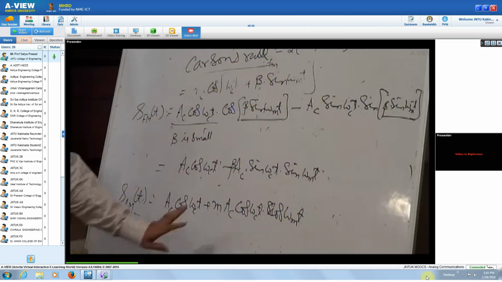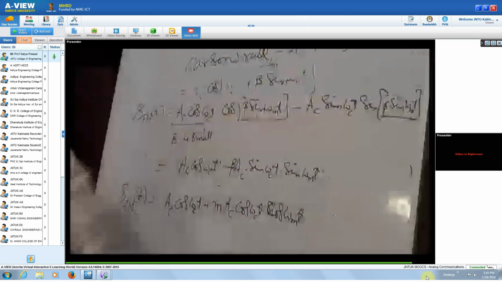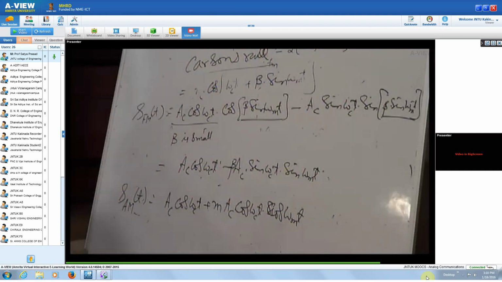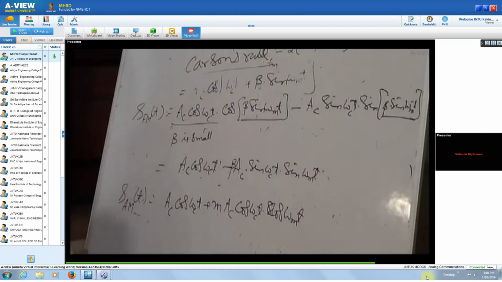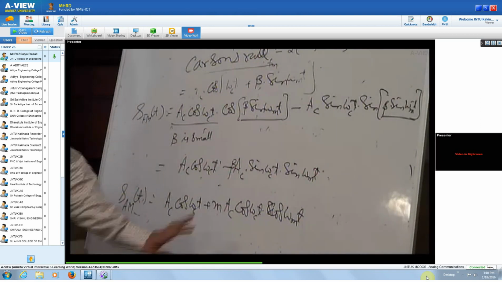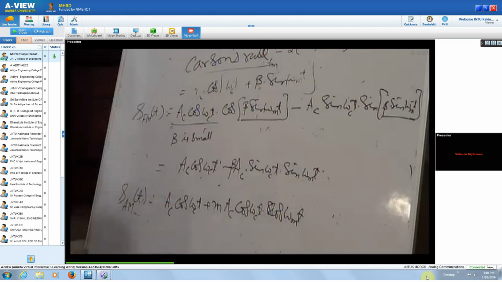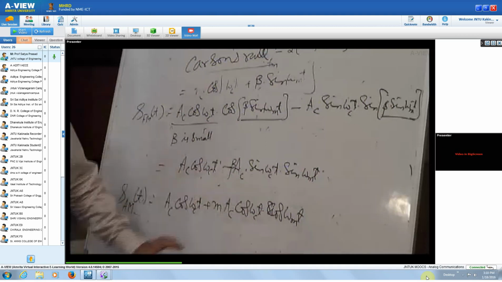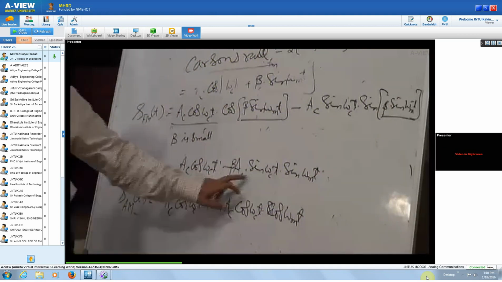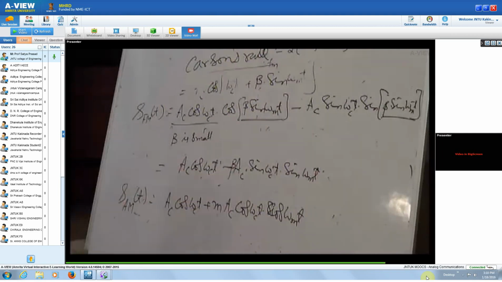One thing is magnitudes may be positive or negative, but when you take the magnitude spectrum, this and this will be the same. So we are having 2 Fm as the bandwidth here. Similarly, this is also having 2 Fm only.